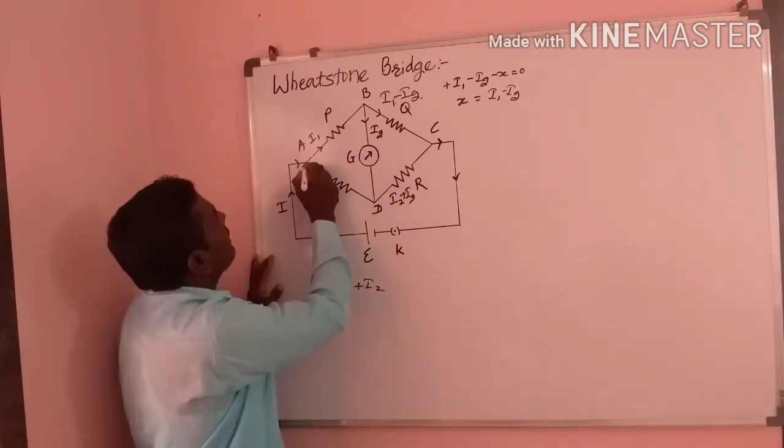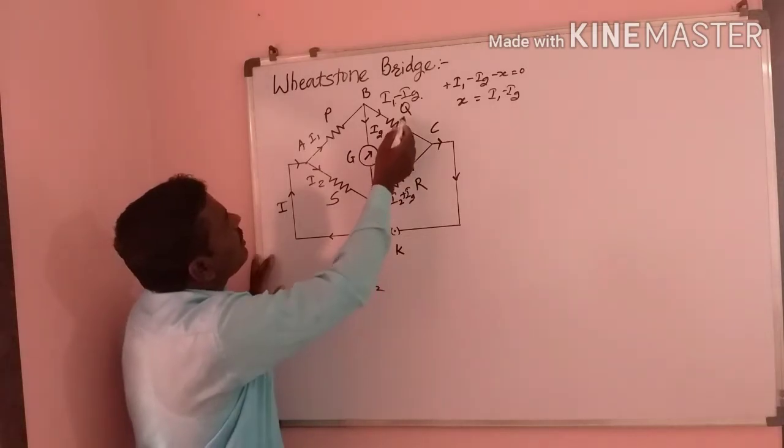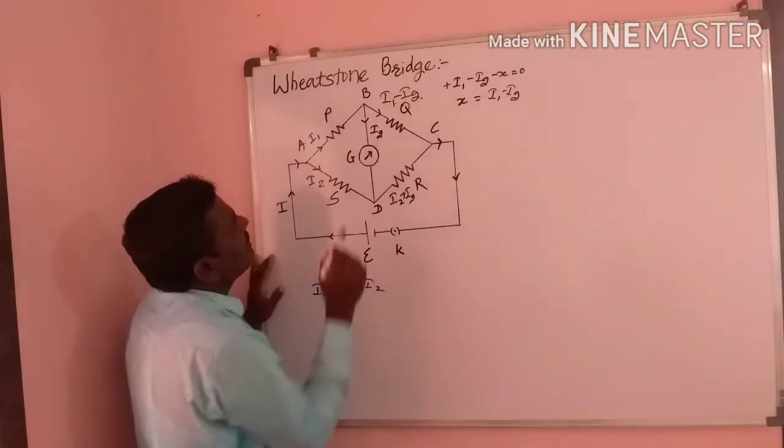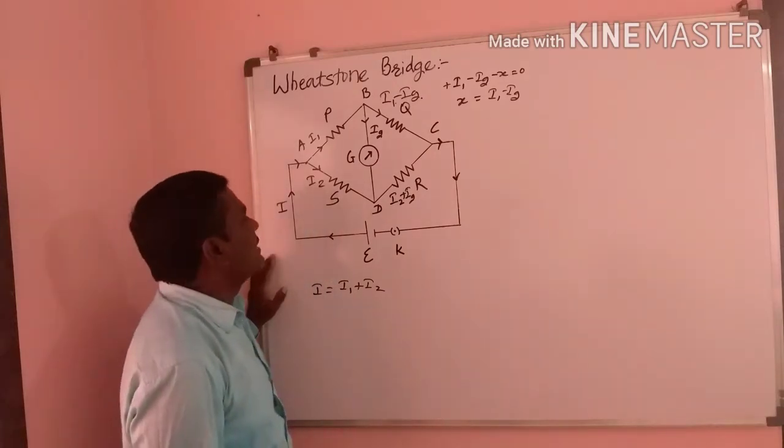It splits at this point: the current flowing through the galvanometer is Ig, the current flowing through the resistor Q is I1 minus Ig, and the current flowing through the resistor R is I2 plus Ig.